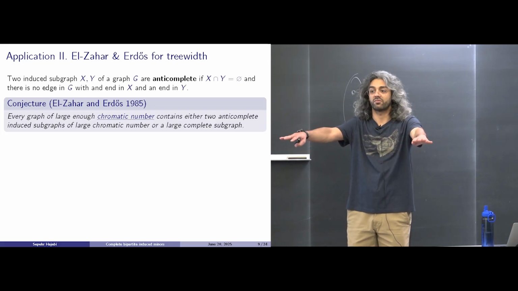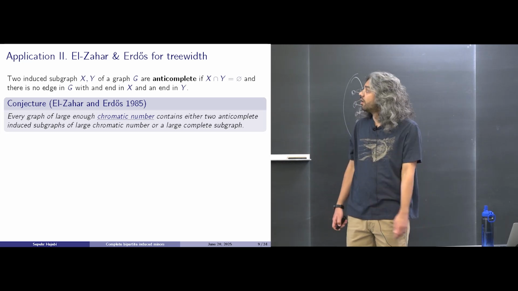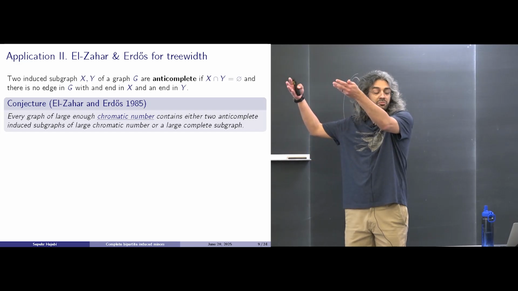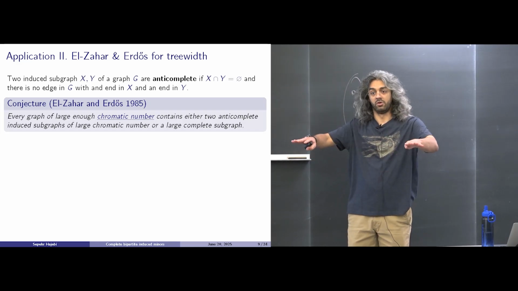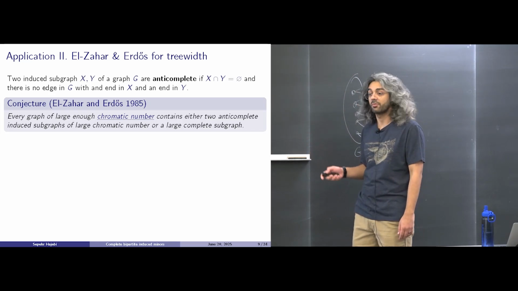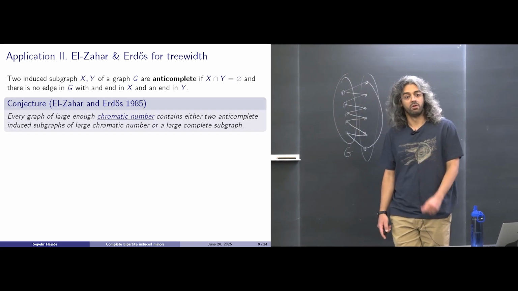So two induced subgraphs of large chromatic number, disjoint and with no edges between them. Except this would be false because complete graphs have arbitrarily large chromatic number, and you can't find two anti-complete induced subgraphs that are both non-empty. So you have to make room for a large complete subgraph as another outcome. And the conjecture is that would be enough.